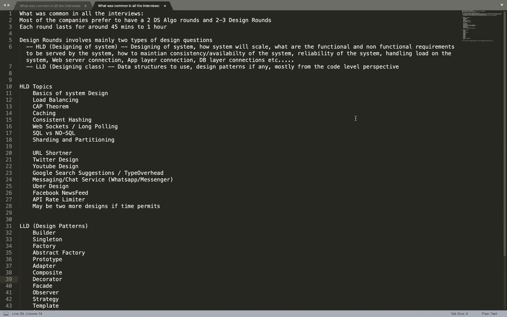How to retry in case of failures in async flows, and how to reschedule your processes. So we'll talk about all those things once we go into the details of web layer, application layer, and DB layer connections. Okay. Then there is low level design.